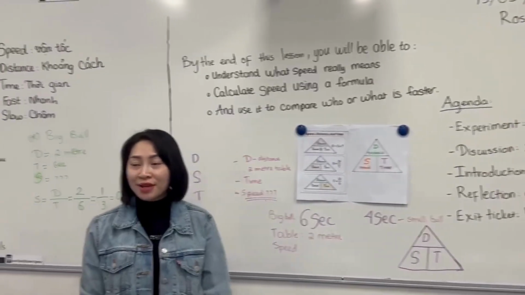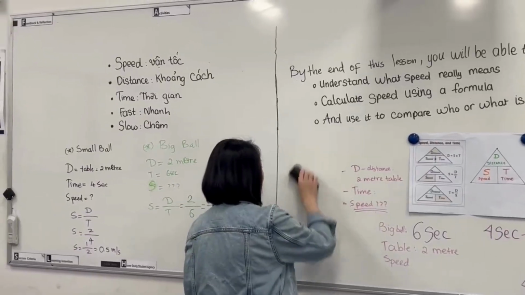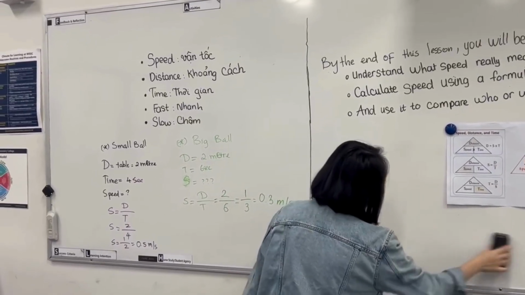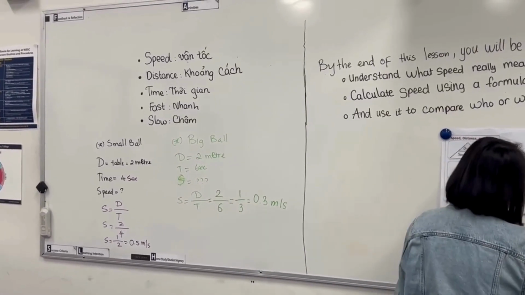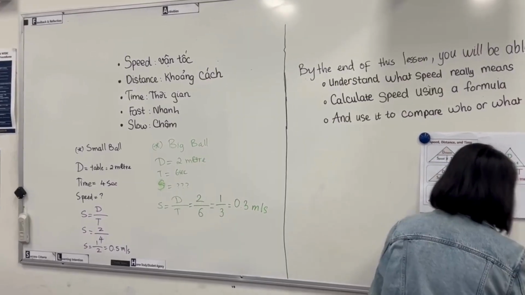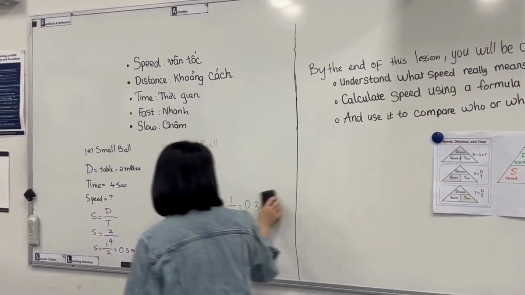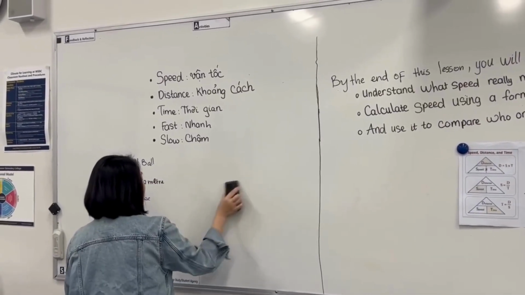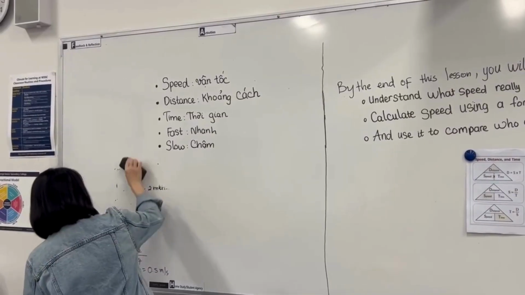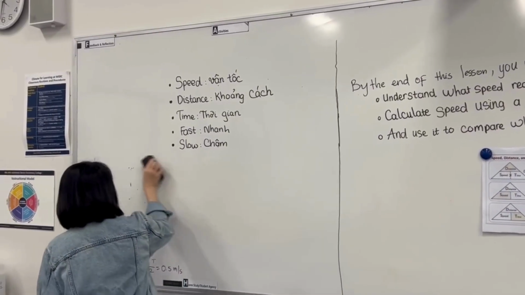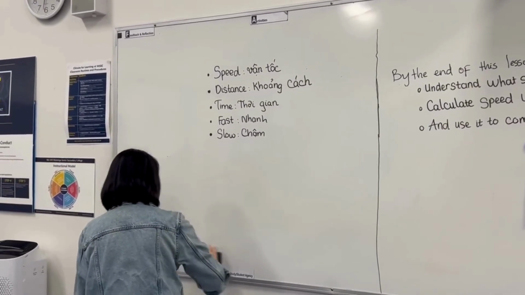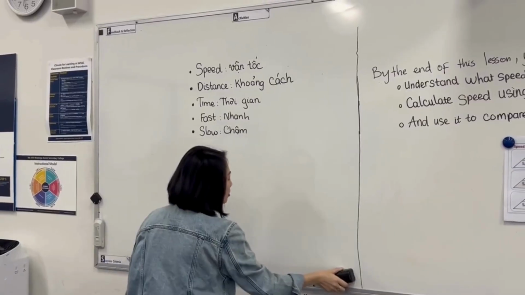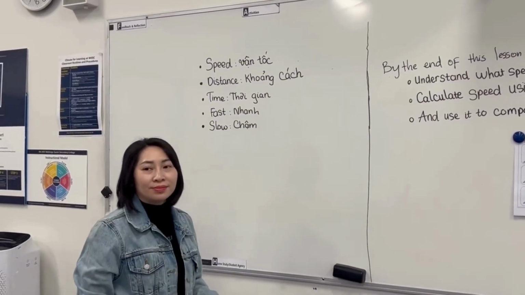Connect to our real life. Everyone, think about when you want to travel, for example from your house to school, or from Melbourne to Sydney. How can you calculate the time, the distance or the speed?